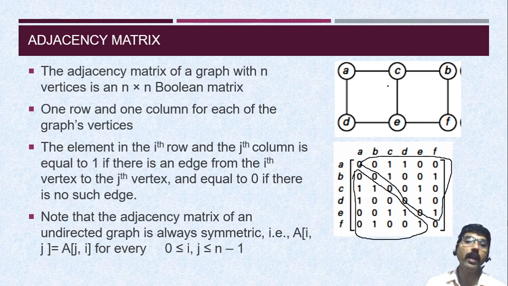This happens in the undirected graph. That is represented as A[i][j] is equal to A[j][i] for every i and j. Meaning A to B is 0 here, A to B is 0 here, A to C is 1 here, A to C is 1 here. So it is symmetric.